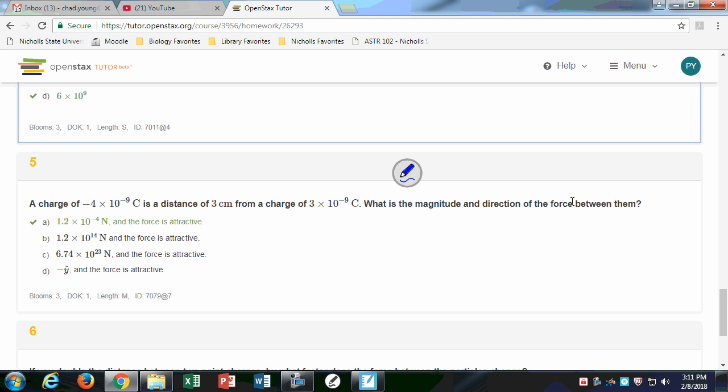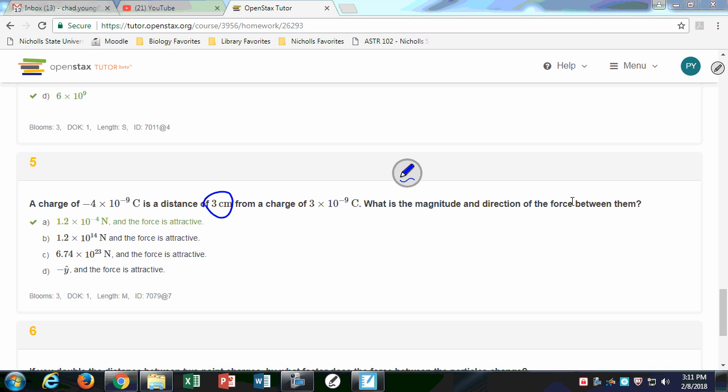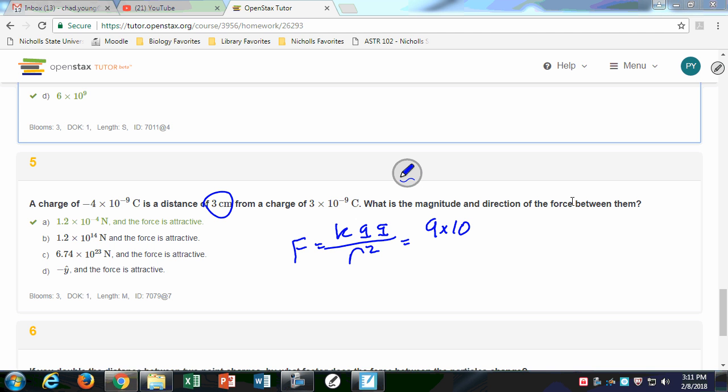Now, you might not have converted this 3 centimeters properly. Let me show you quickly. The force is kQq over r squared. k is 9 times 10 to the 9th. Q is 4 times 10 to the minus 9 and 3 times 10 to the minus 9. Those are my 2 charges. You don't carry the negative.